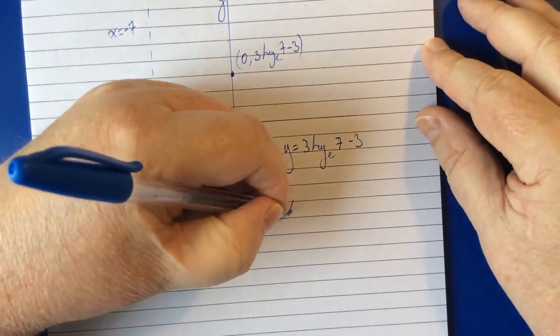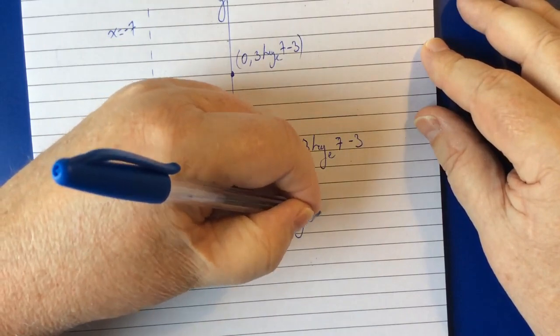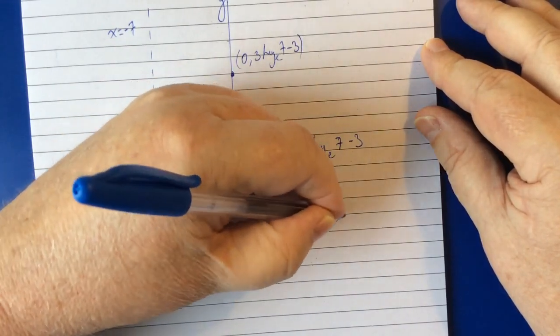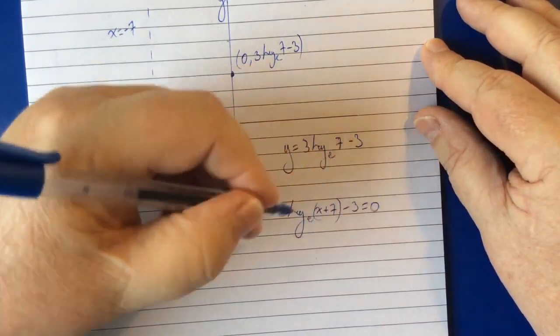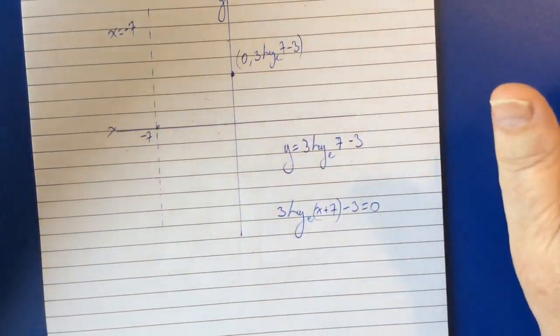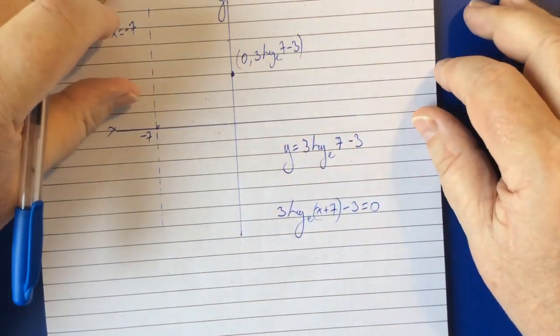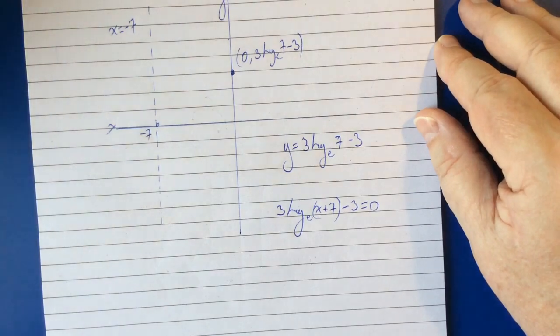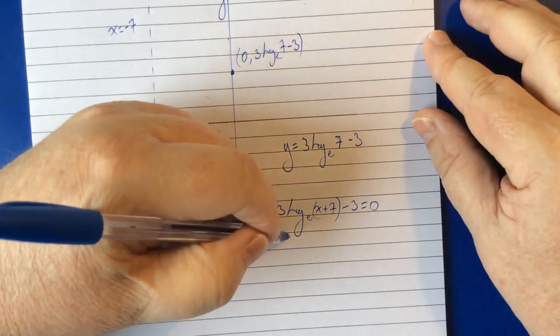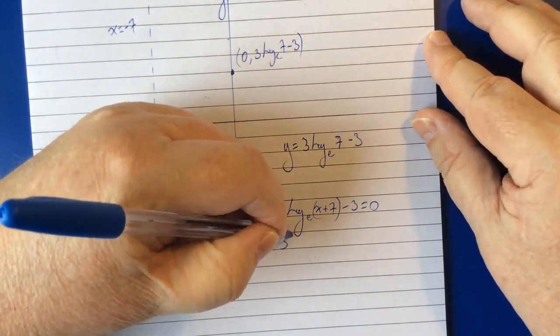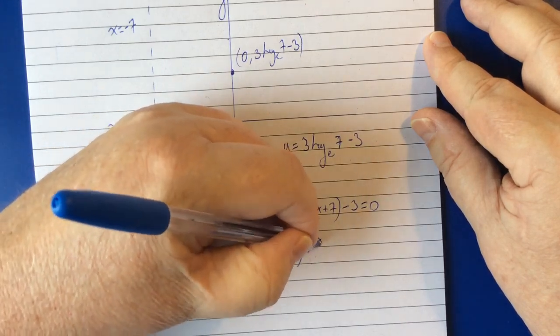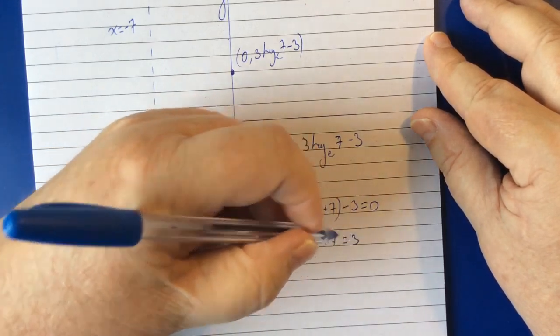So 3 log e (x plus 7) minus 3 equals 0. And this is just going to involve some algebra and then one logarithm rule at the end of this, by the look of it. So 3 log e (x plus 7) equals 3.